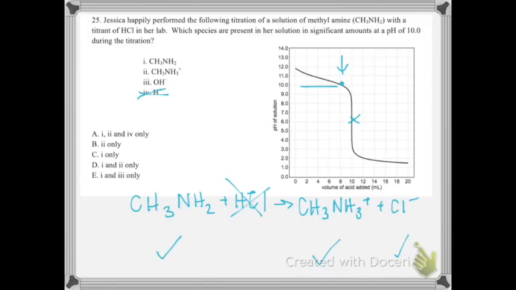And so these are the only 2 species that are present in abundance in the solution. Okay? Because these are the only 2 that would be left in the reaction. So it's going to be option choice D.